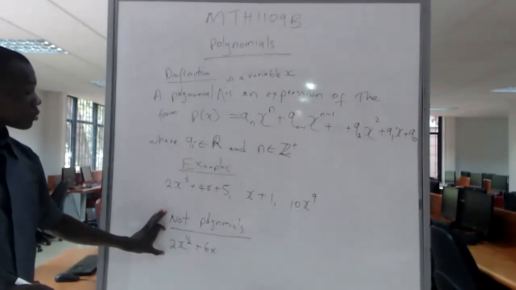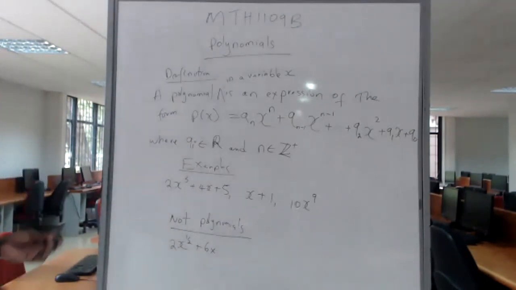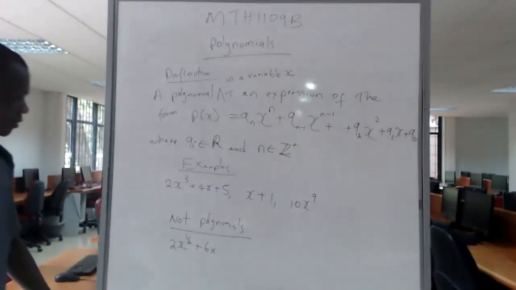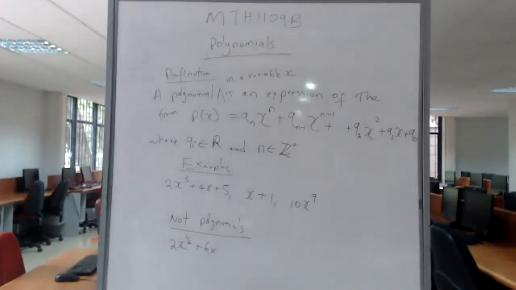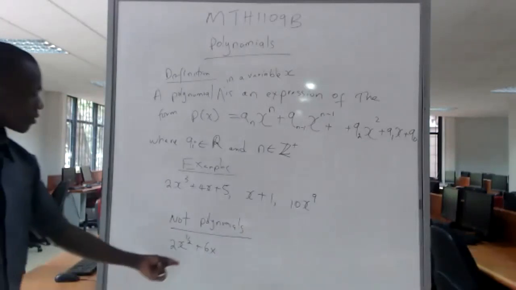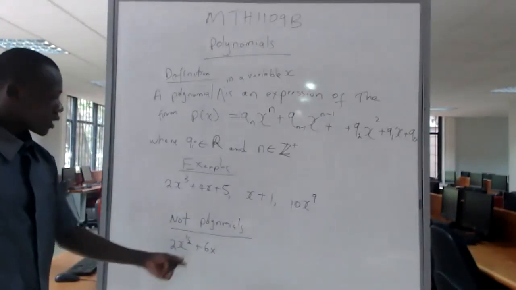Why do you think this expression I've just written is not a polynomial, based on our definition? Because it's not a positive natural number. You can't have a half as an exponent. It has to be a natural number. Yes, a half is a rational number. So this one is not a polynomial.